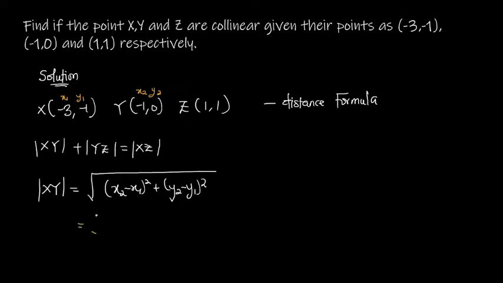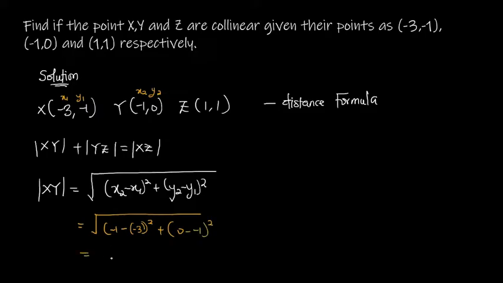So that means that I have over here my x2 is -1 minus my x1 is -3, so it becomes -3 here squared, plus my y2 here is 0 minus my y1, which is -1, so -1 squared.